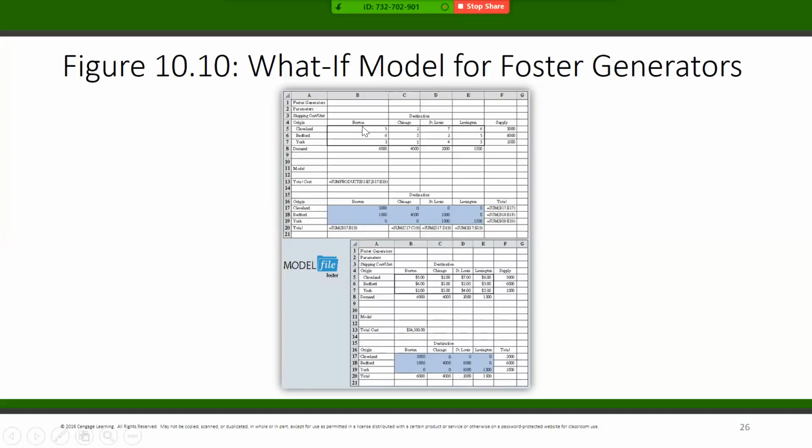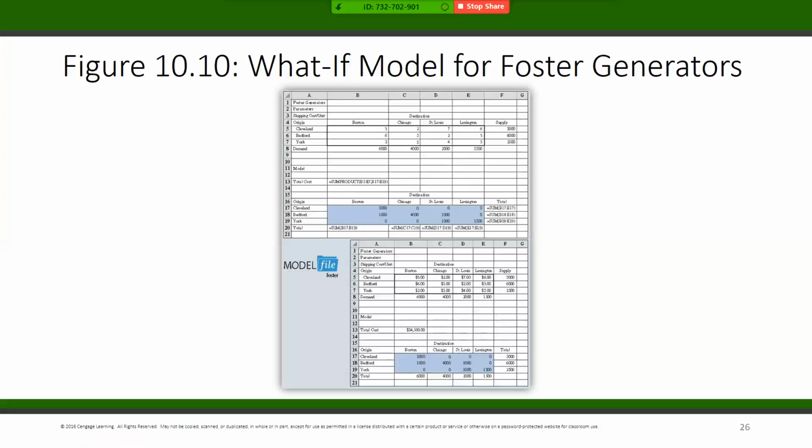Like I said, it's just B5 through E7 and then comma B17 through E19, okay? And so what it's going to do is take B5 times B17 plus C5 times C17, D5 times D17, and so on. And after it gets all those products, it adds them all together. And so that's going to be what shows up in here in the total cost, okay?